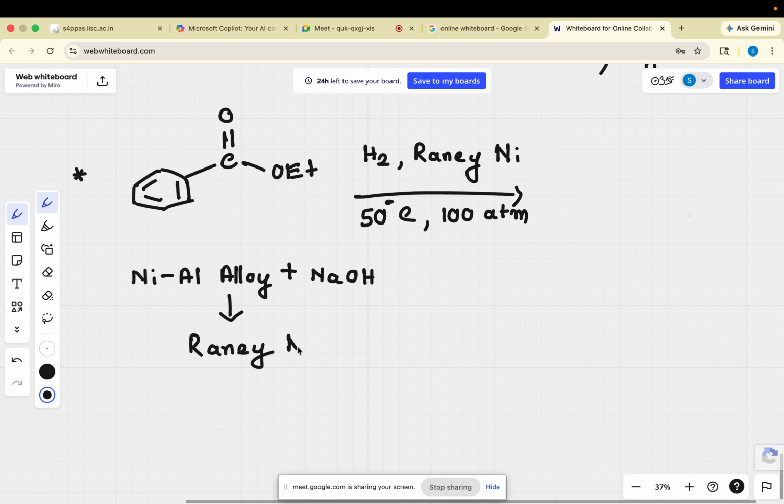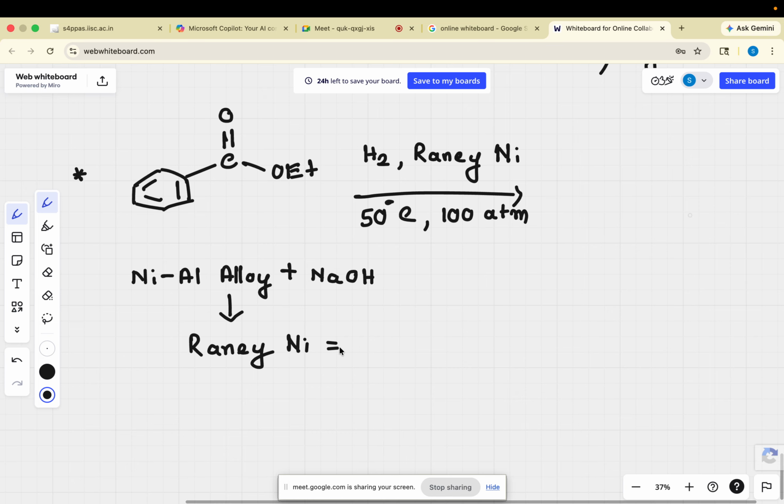That is the procedure to make Raney nickel in the lab. You will not get nickel in hand; first of all you have to make it. Most of the organic reagents you have to make by yourself.